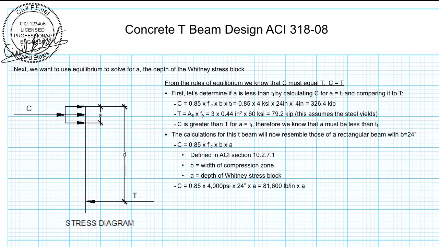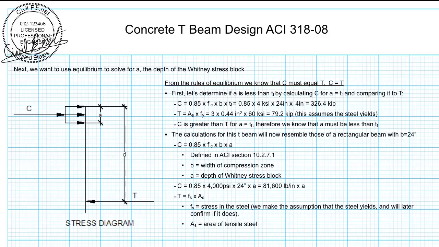Once again, this is that Whitney stress block approximation that ACI allows for. ACI will let you do more rigorous calculations if you prefer, but this is the method that they have chosen for engineers when they're designing concrete. So we substitute everything in and we get our compressive force is equal to 81,600 pounds per inch times a.